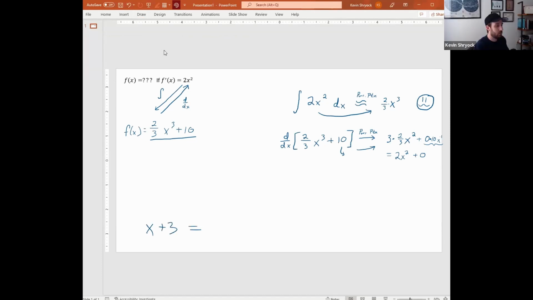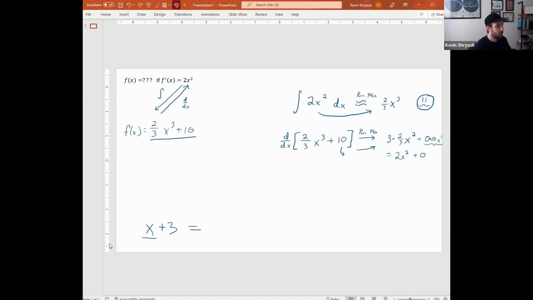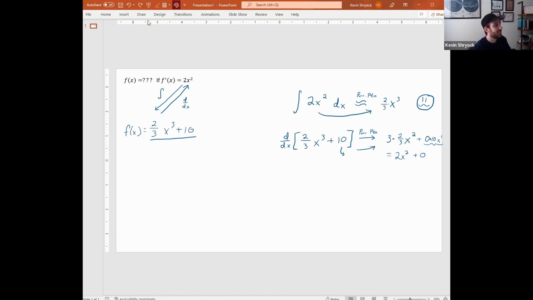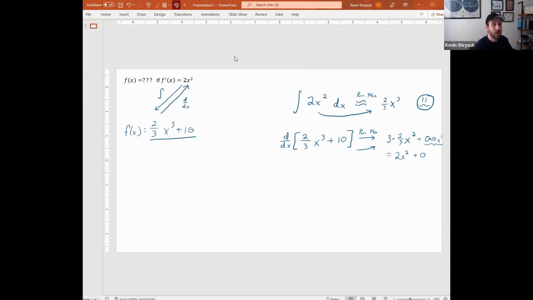Isn't that a variable plus a constant? Yeah. So 10's a constant, right? Do constants change? No. I mean, it's in the name, right? They're constant. So it makes sense that the 10, if you do a derivative of it, goes away because it's a constant.